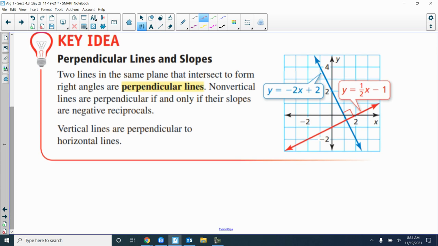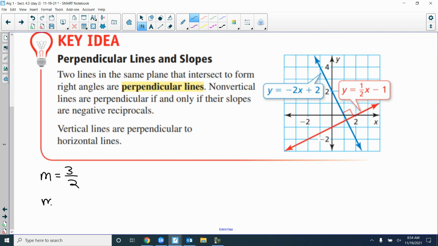So let's see. You got a little bit of room before it says example 1. So just this would be a case. If a slope for a line is 3/2, what would be a slope perpendicular to it? It has to be its negative reciprocal. Negative 2/3.